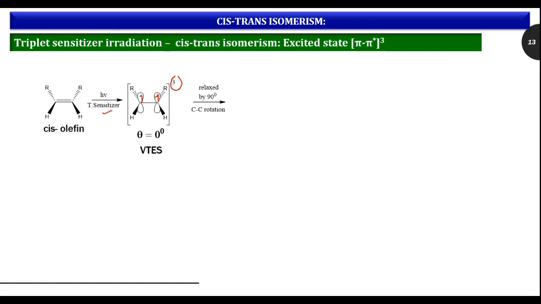After rotation, this part will be rotated. Now this is non-vertical because it exists like this, and this exists horizontally. So this is called the non-vertical excited state.